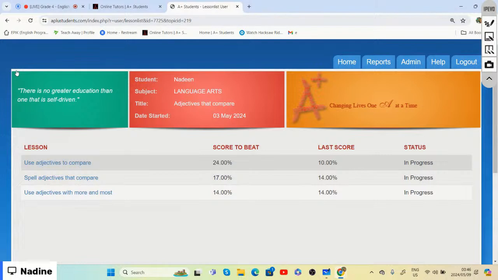All right, so this is now the end of our lesson, grade 4. Thank you very much for joining our class. We see that this is adjectives that compare, and when we compare adjectives, we either use comparative adjectives or we use superlative adjectives. Comparative adjectives compare two people, places, or things. And a superlative adjective compares more than two people, places, or things.